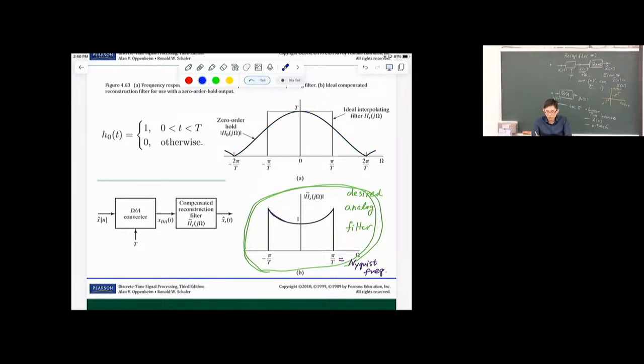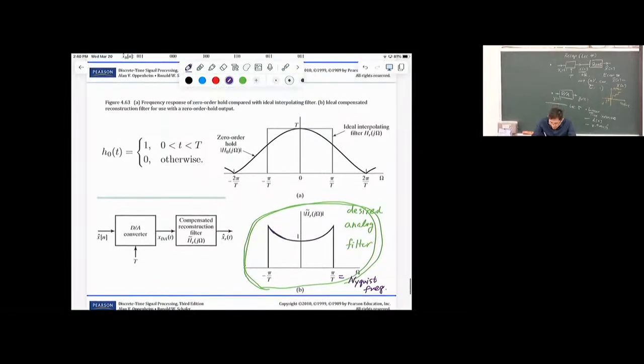The reason is because zeroth order hold introduced this gain profile. If you just calculate the Fourier transform of zeroth order hold, h(t) is the impulse response of zero order hold.